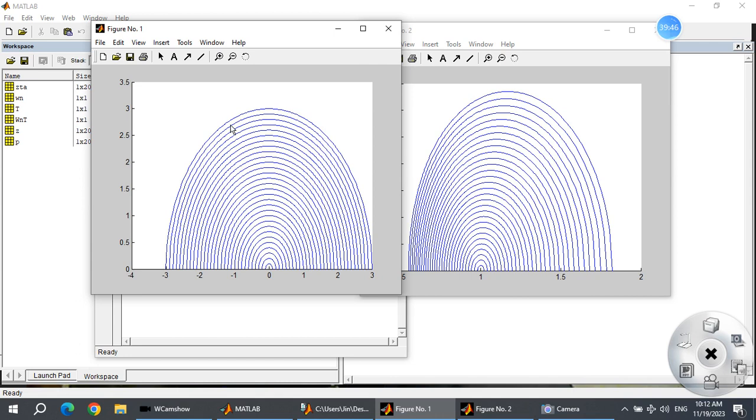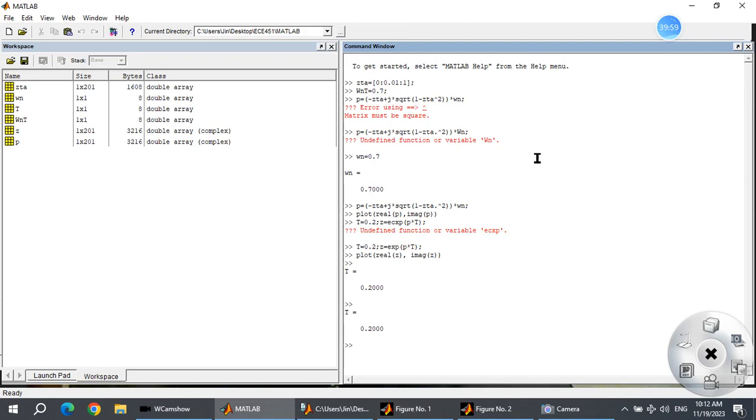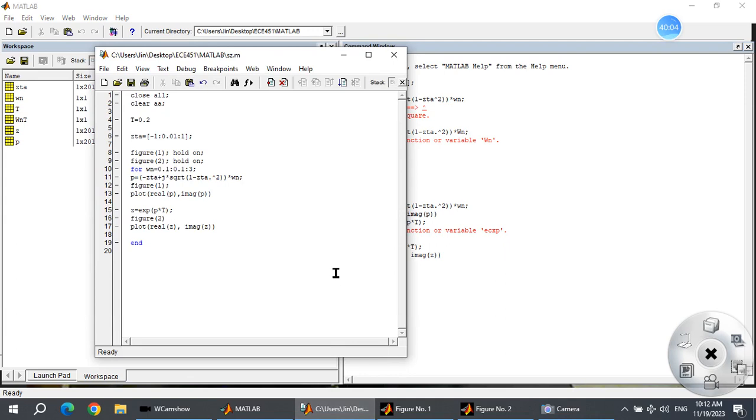They are the curves for fixed omega. Every curve you have fixed omega, and zeta runs from -1 to +1. And here T is fixed, it is 0.2.